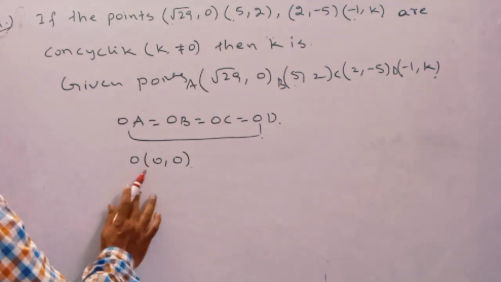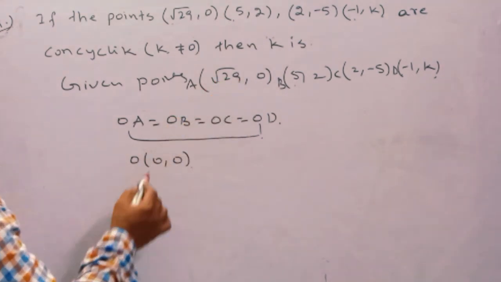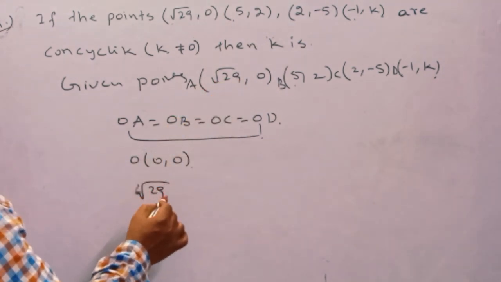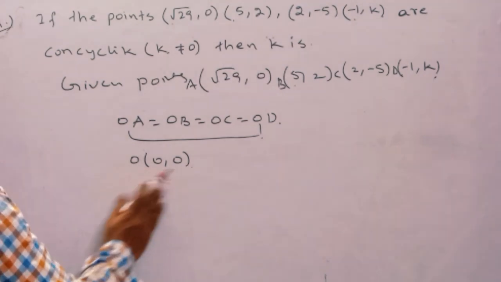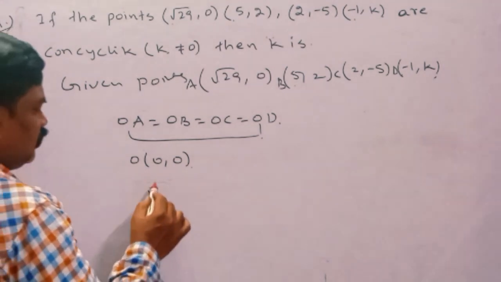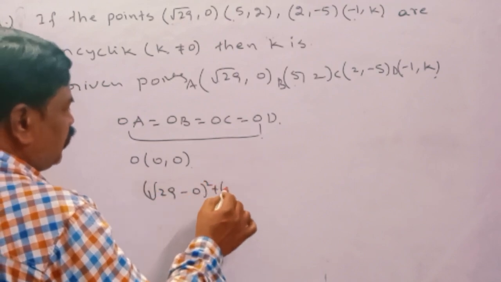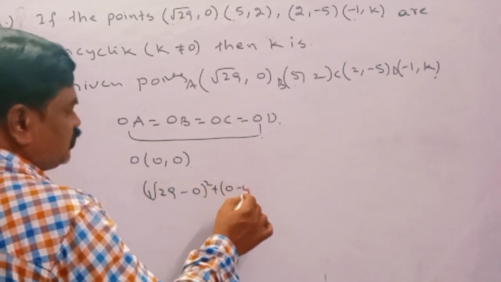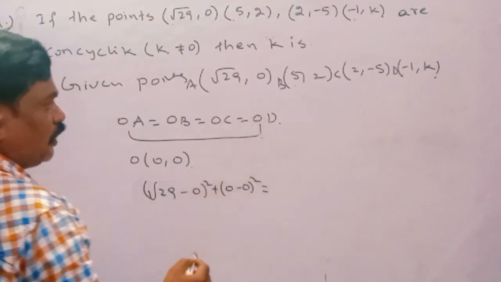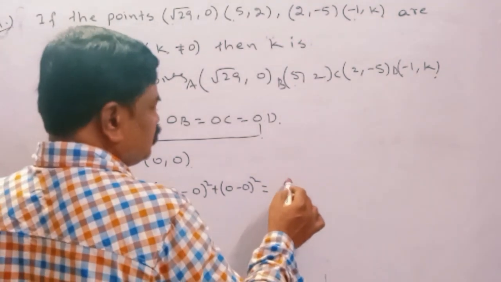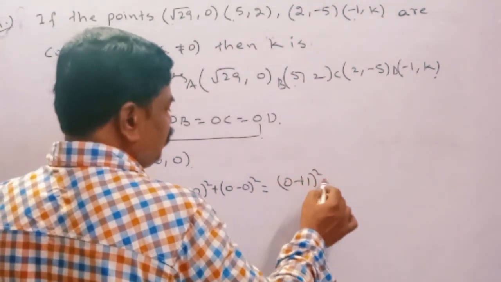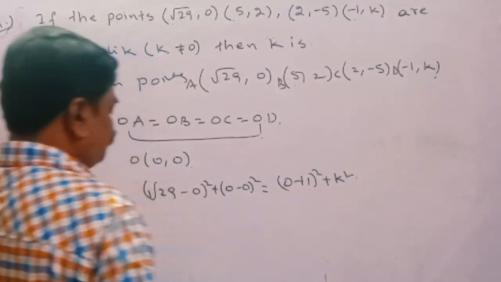Then root of (root 29 minus 0) whole square plus (0 minus 0) whole square is equal to root of (0 plus 1) whole square plus k square.